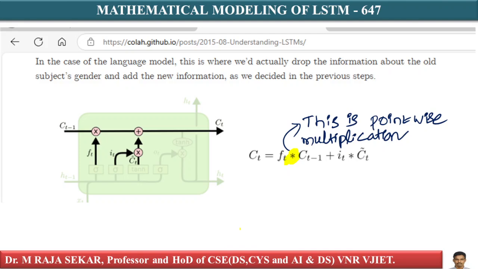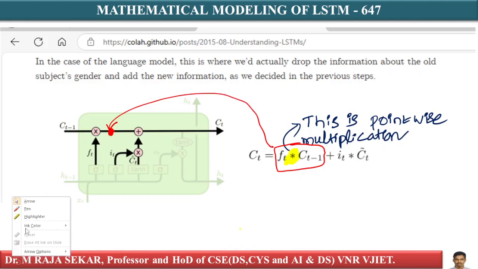What is this ct? ct is essentially ft star ct minus 1 plus this portion. Here you are getting ft from this particular portion, and from this particular portion you are getting ct minus 1.